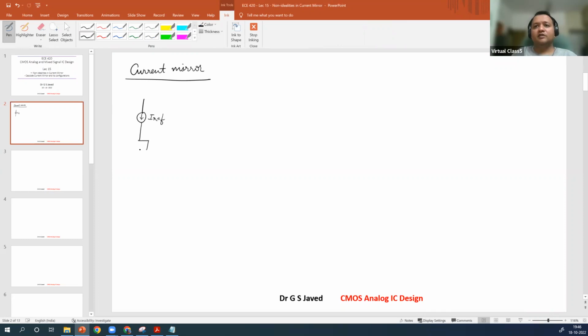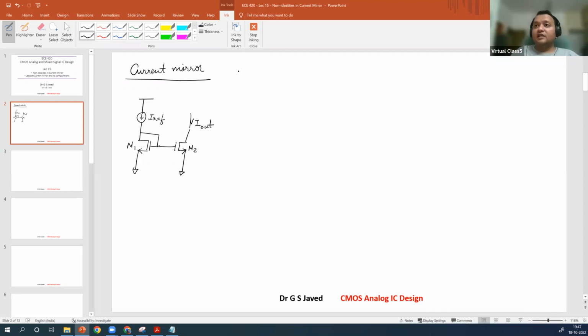Here you will have the diode connected circuit. On the opposite side, you will have the mirror circuit where you expect the current to flow, I. So these devices are M1 and M2. VDD here, and this is your I out.